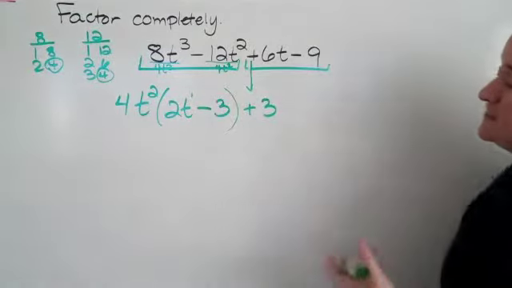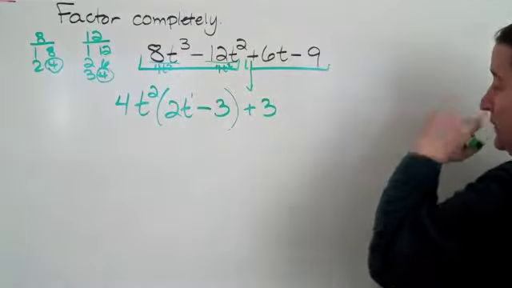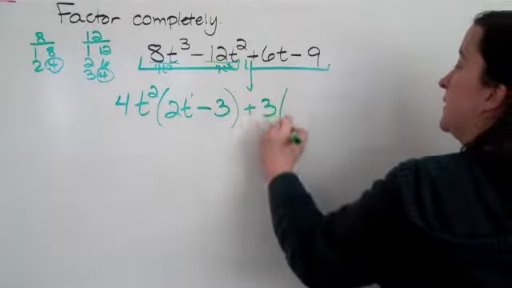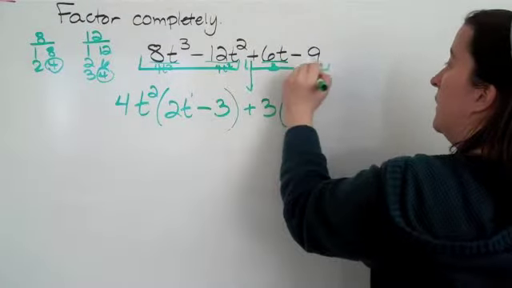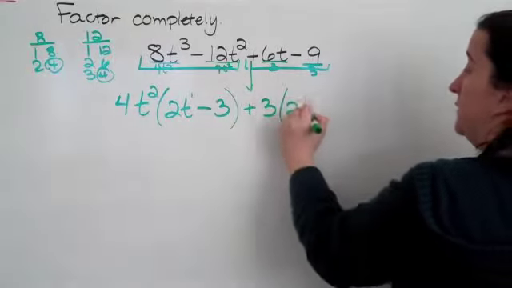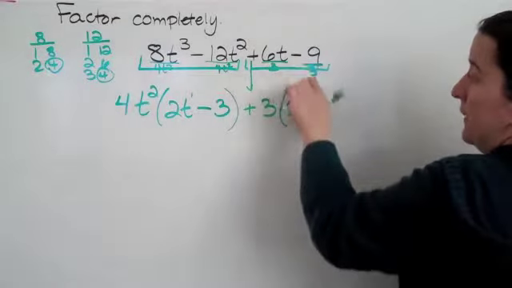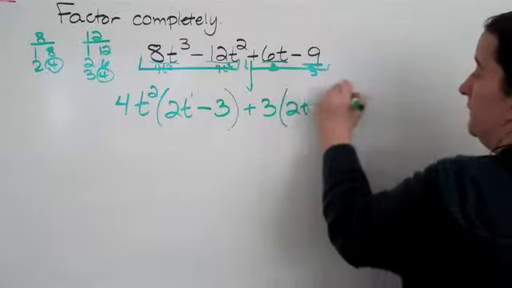Remember, yet again, if it's numbers that you're not familiar with, you can always write down your factor pairs and find the biggest number that's in common to both of them. So in this case, I'm dividing everything by a positive 3. So divide by 3. And 6 divided by 3 is 2. Don't forget you have that t there. A negative divided by a positive is negative. And 9 divided by 3 is still 3.